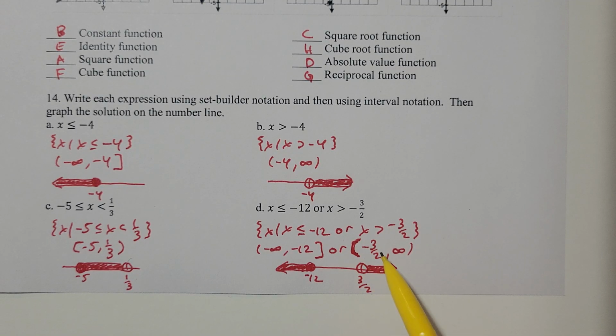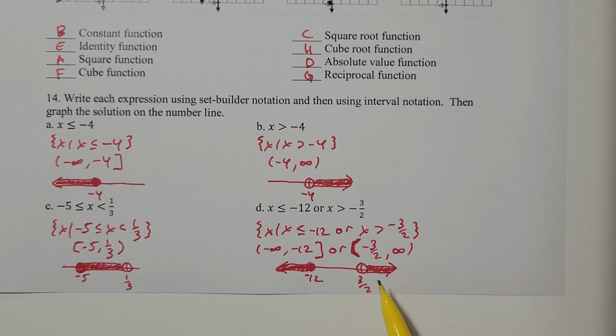So I got negative 3/2 to infinity with a parenthesis. Again, the infinity sign and the negative infinity sign, those are not numbers. So you'll never, ever have a bracket by those symbols. It's always going to be parentheses.